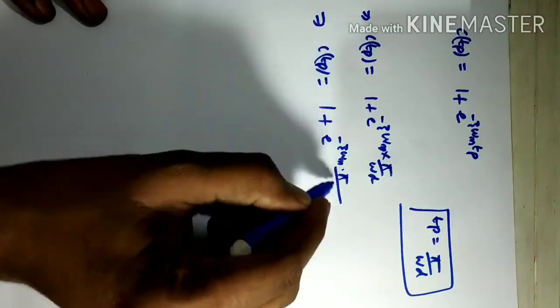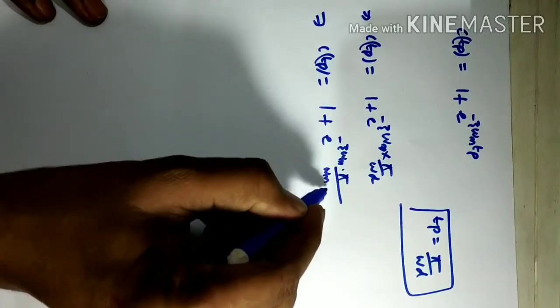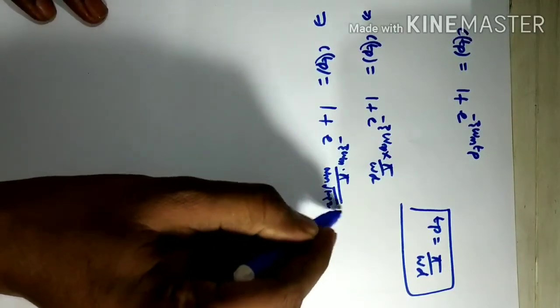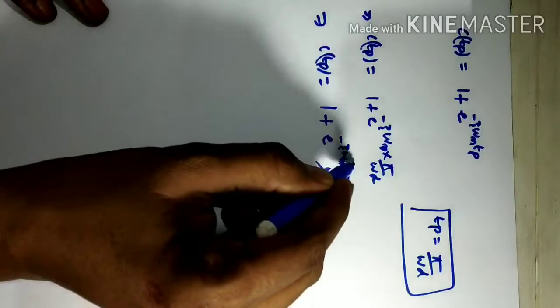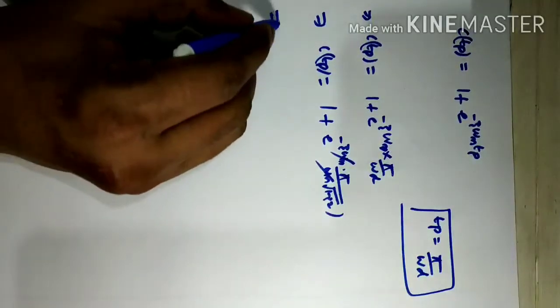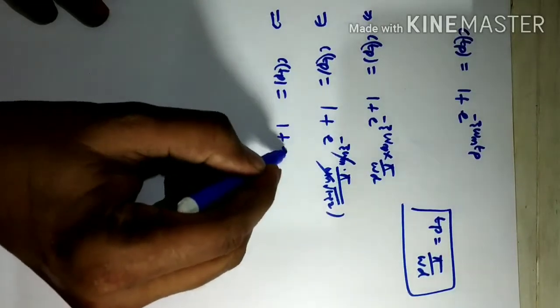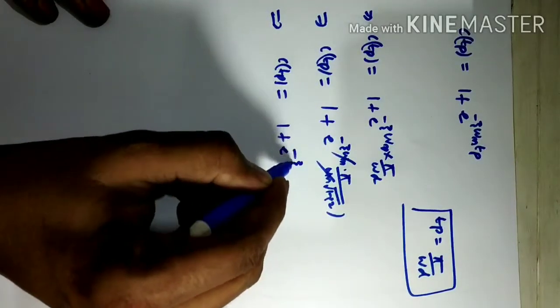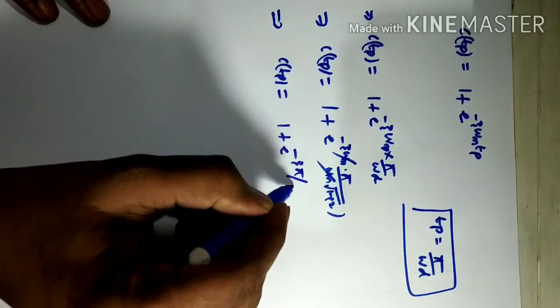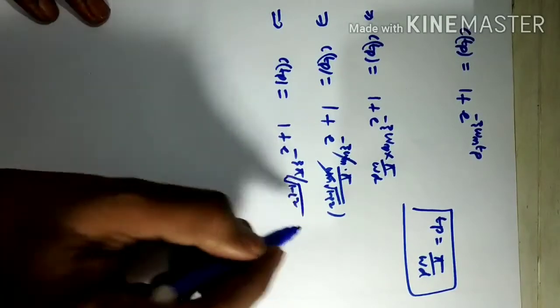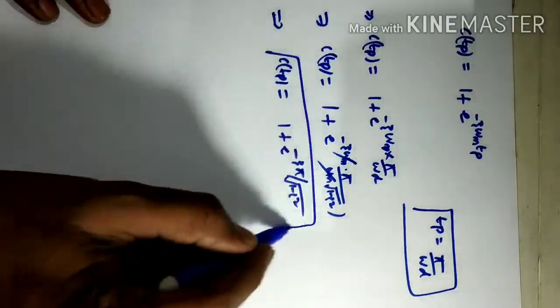What is omega d? Omega d is equal to omega n root 1 minus zeta square, so omega n gets cancelled. So C(tp) is equal to 1 plus e raised to minus zeta pi by root 1 minus zeta square. So this is the C(tp) value.